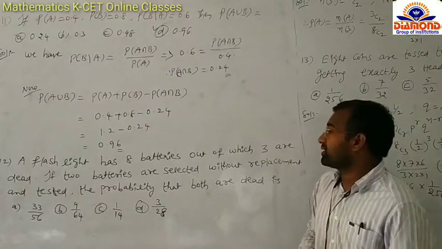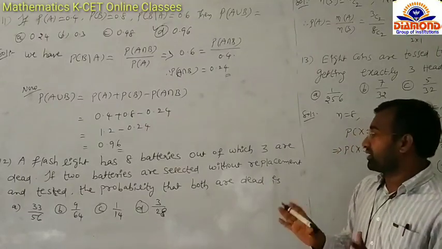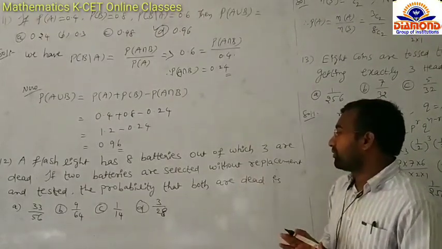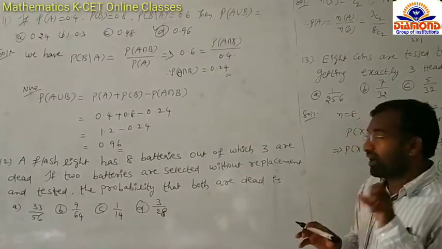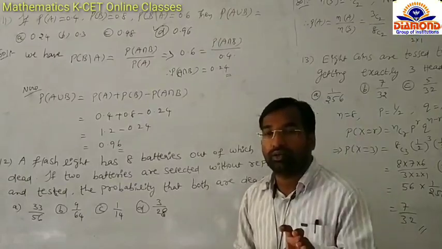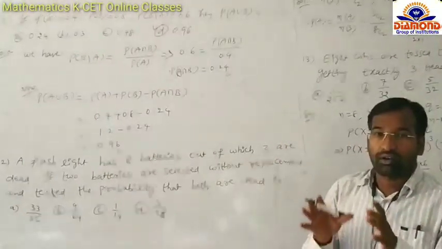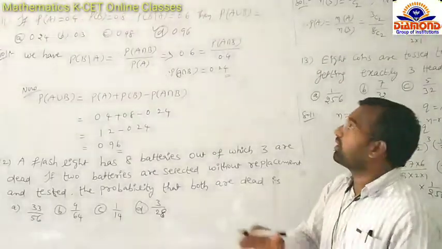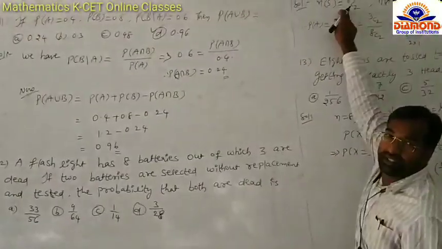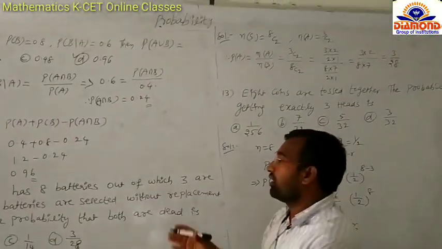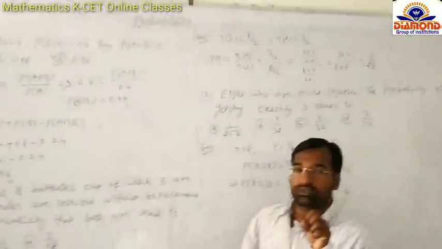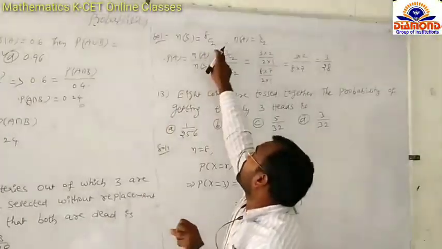Here how many batteries are given? Total 8 batteries, out of which 3 are dead. You select 2 batteries out of 8. That's why N of S equals 8C2.